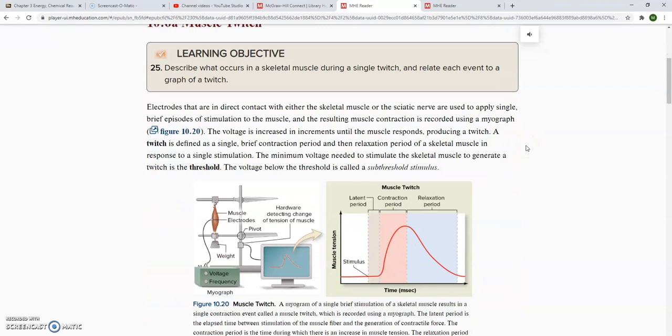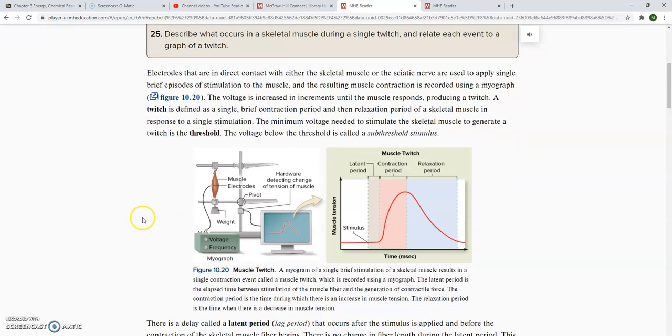In this little experiment that they did, we can take a muscle and stimulate it. Usually the nervous system in our bodies does this: we have our little motor neuron that goes up and stimulates or excites the muscle fibers. But in this case, we're going to do it with a little machine.